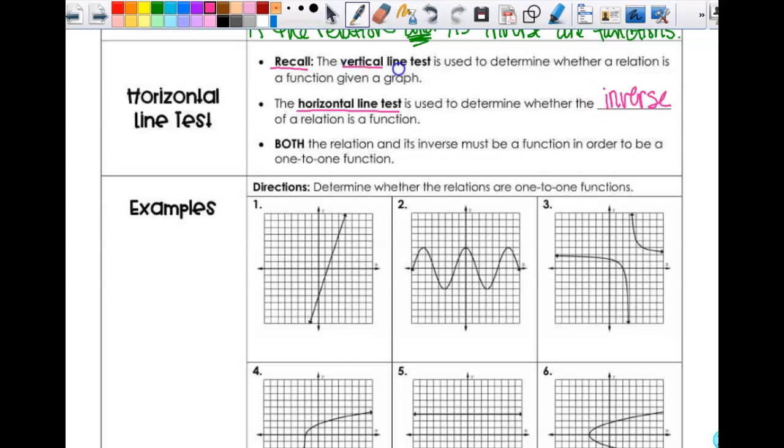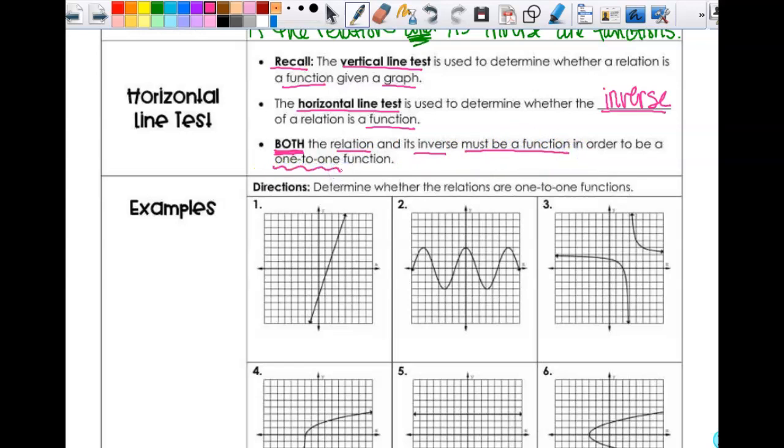Okay? So the vertical line test determines if it's a function given a graph. The horizontal line test determines whether the inverse of the relation is a function. Both the relation and its inverse must be a function in order to have a one-to-one function.